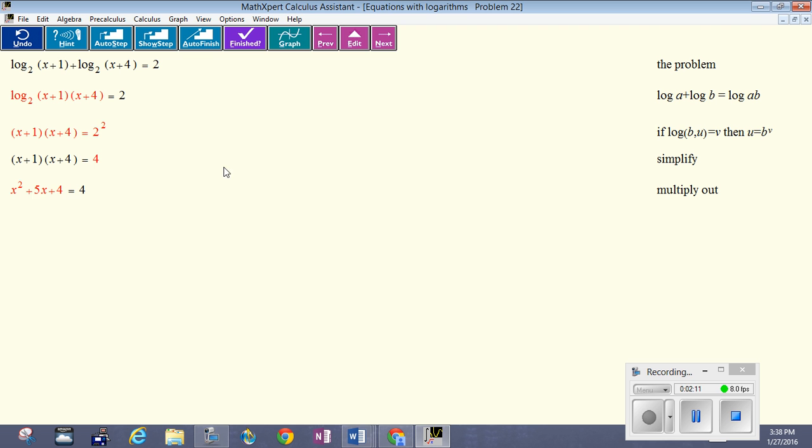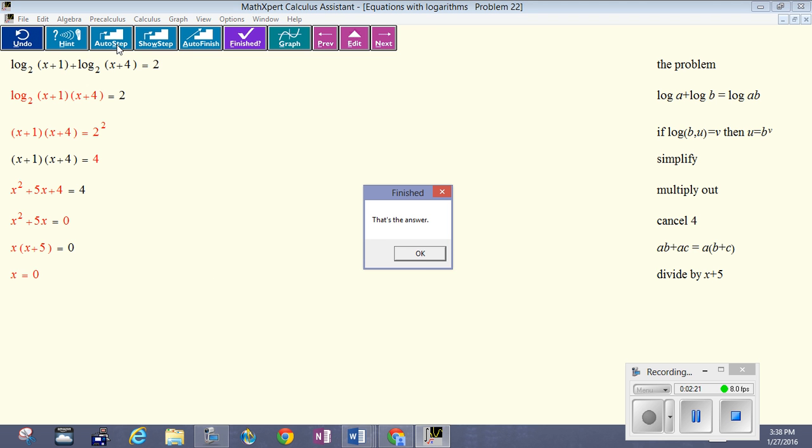And then it looks like we lose 4 off of both sides. That's good, okay? And then that's easily factorable, giving 0 and -5. Note the -5 is not considered, okay? The 0 is fine because when we put 0 back in, we're still taking the log of 1, okay? The -5 wouldn't be thrown out because it's negative.